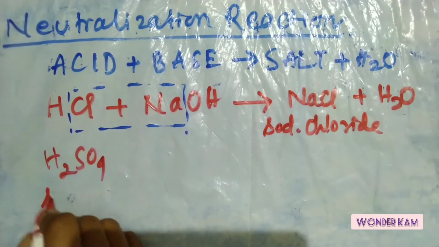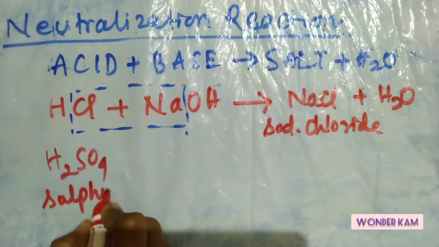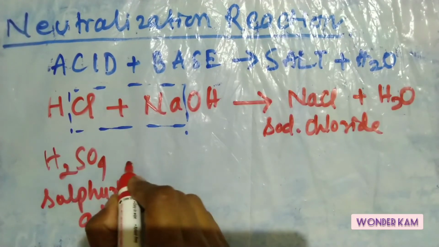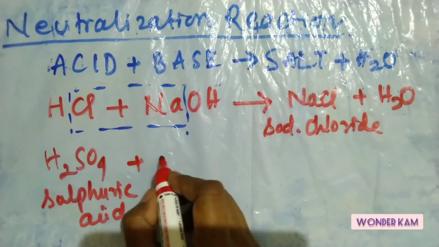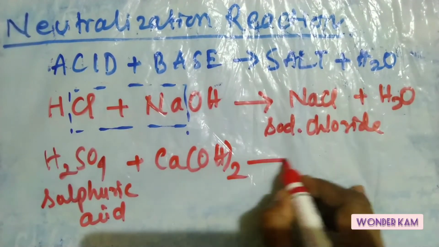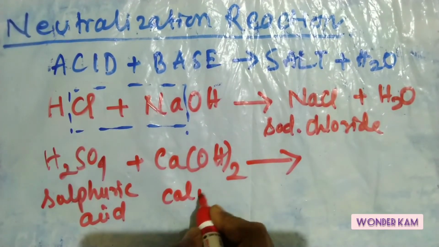Similarly, this is sulfuric acid. As I told you, an acid contains H plus ions. Here we will take, suppose, calcium hydroxide.